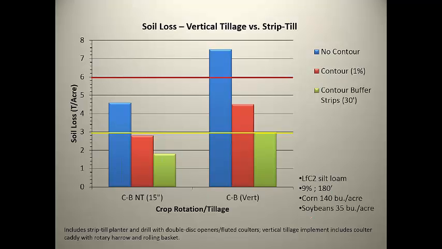But look at the comparison of no-till versus use of the vertical tillage tool. And the vertical tillage tool was the implement that we looked at before, which consisted of the Culture Caddy with the rotary harrow and the rolling basket. And you can see the difference in soil loss, okay?